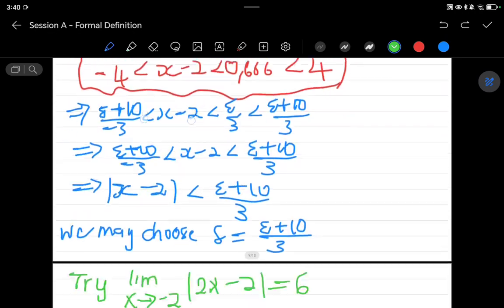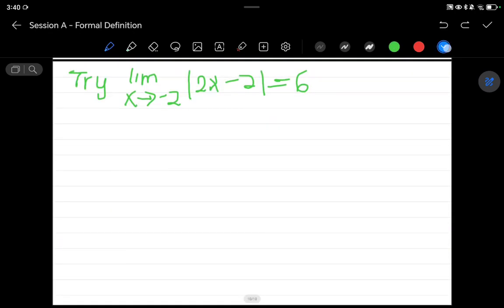5. So let's do one last question. Number 6, we have the limit as x approaches 5 of the root of x minus 1, which is equal to 2.